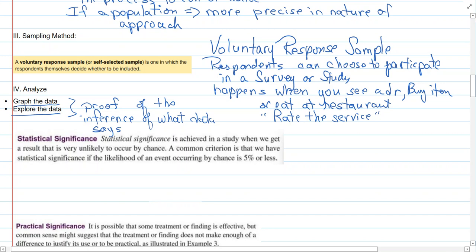So here we go. Now we're talking about that same analysis as to two types.